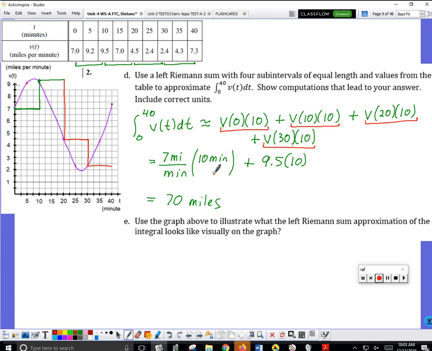Make sure. The problem says you have to show the computations that lead to your answer. So you do have to show either this in green, or you could show this line here in green, as long as I finish the computations, like I say, okay, now 4.5 times 10 plus, let's see, 2.4 times 10.